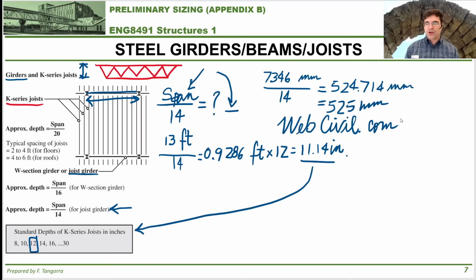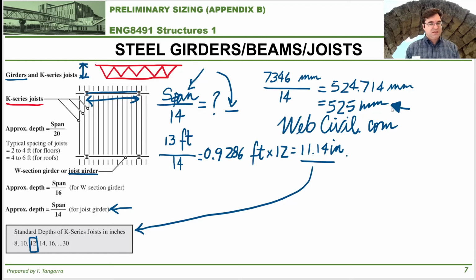Because they'll provide a catalog that will have depths of joist in millimeters, and you always want to pick a depth that is at least what you've calculated, but never less, okay?